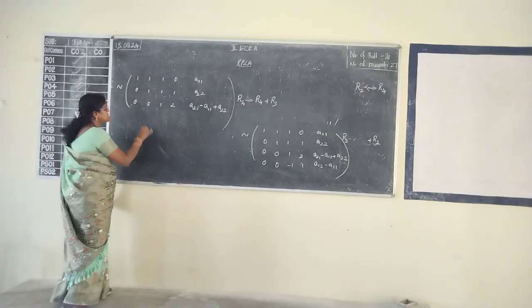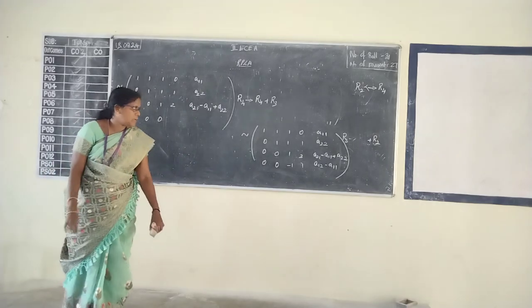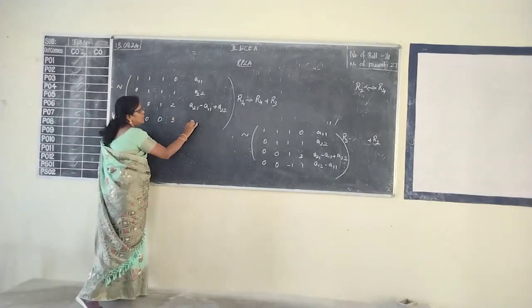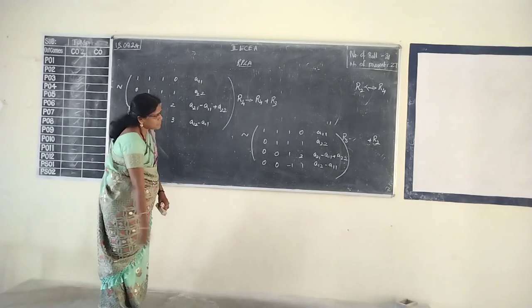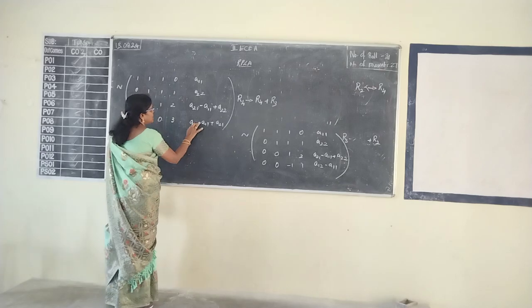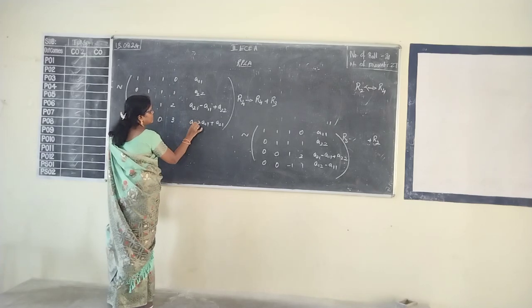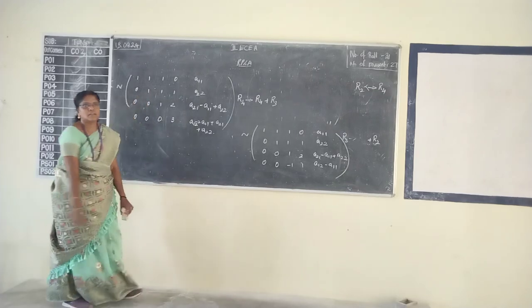So what is the final answer? Tell me. 0 0 0 3, a12 plus a21 minus a11 plus a21 minus a11 plus a22. Is this right?